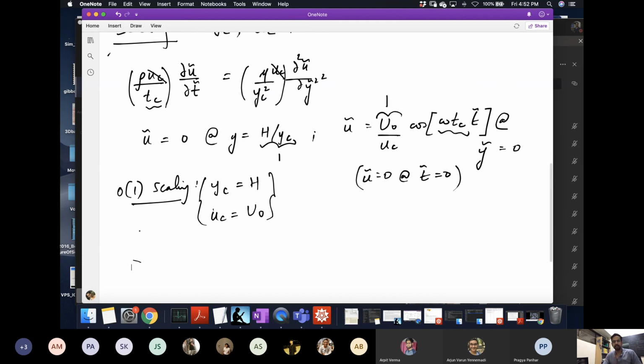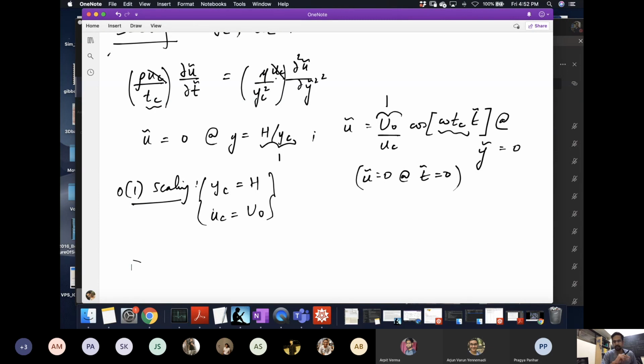Okay, so before we do that, in the momentum equation, we always have to decide which side to group the non-dimensional group. We can either divide throughout by rho over Tc to put the non-dimensional group in front of the viscous term, or we can do the opposite. Now in this case, the question is what kind of problem we are considering. Let's consider first the case of the cilia and the mucus layer.